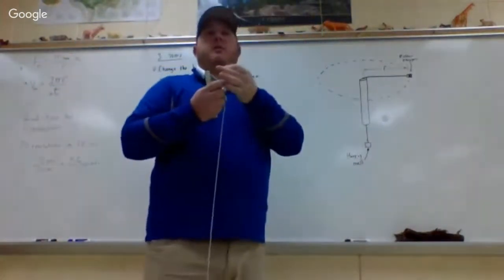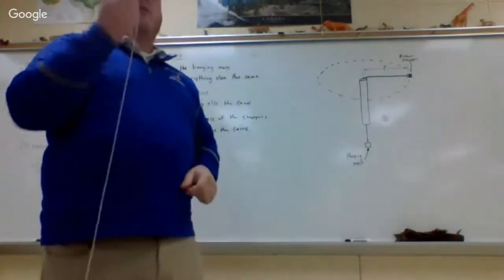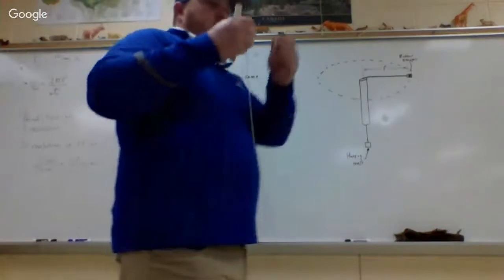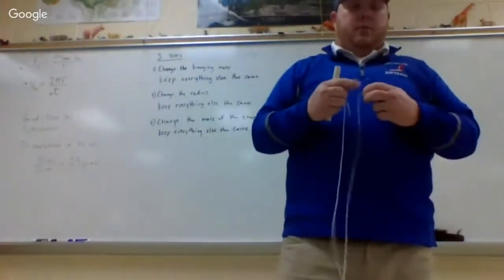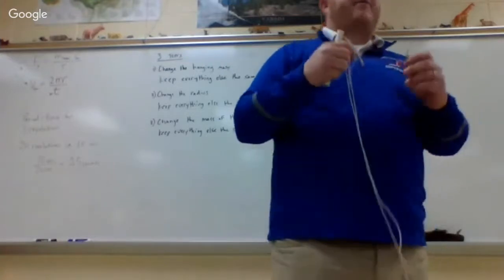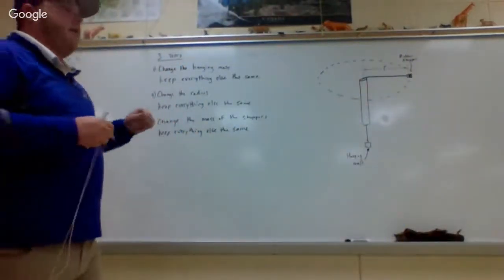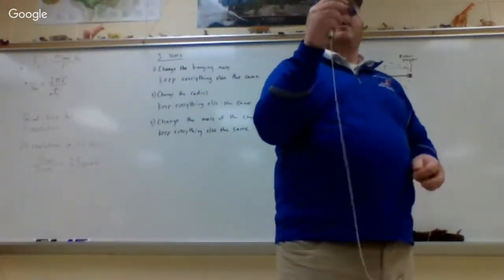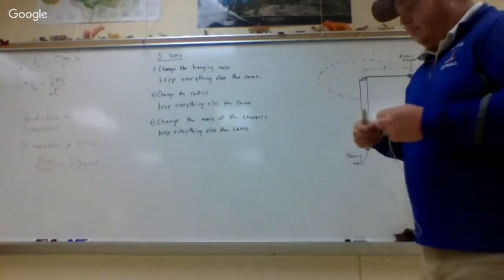We're going to see how the hanging mass affects the centripetal force when we test the velocity, how fast it's spinning around. And then we're going to test how the mass of the stopper, this thing swinging around and around, affects the centripetal force.